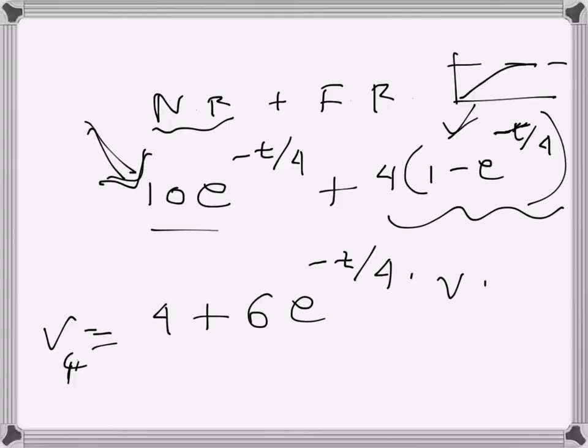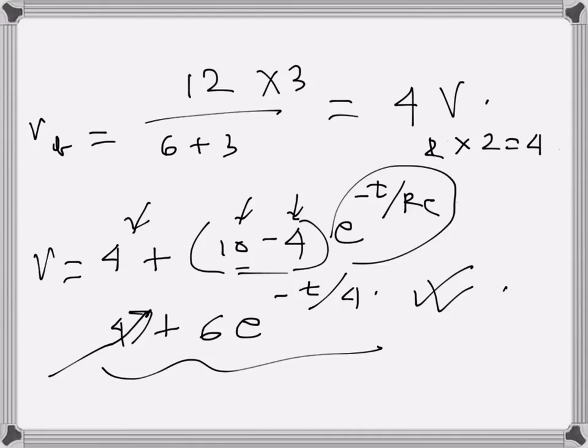When we consider only the source, with no voltage stored initially, we have just the forced term. When we add those two, we get the total expression, which is the same as the one found before.